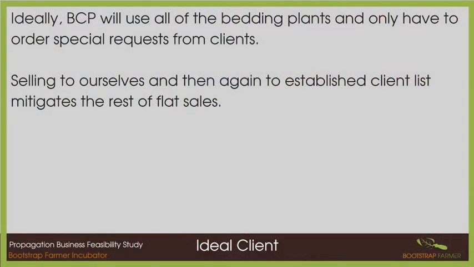Maybe some ground cover that we incorporate seasonally, and that way we're not stuck with a bunch of oddball stuff. I can order the oddball fancy stuff from them, still at a great rate, still at a wholesale level, but that also saves us some room in the high tunnel for me to experiment in, for us to try new things, and it gives us a little breathing room without having to worry about selling every single flat.